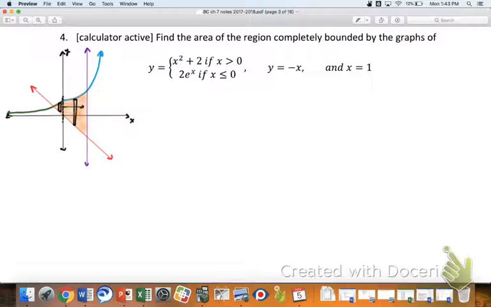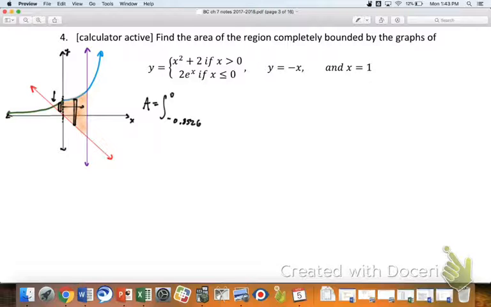The way I'd set this up is area equals the integral from whatever that is right there. A calculator would be a smart thing to use, finding that intersection point. What is the x value for that intersection point? It's negative 0.8526, to 0.